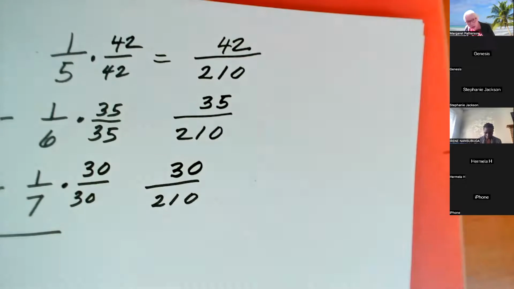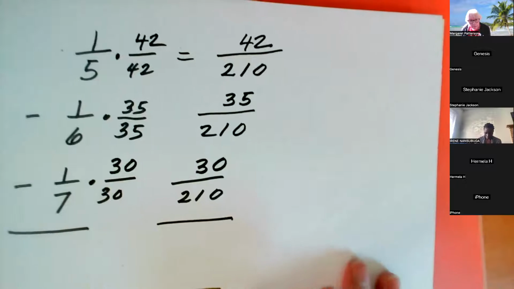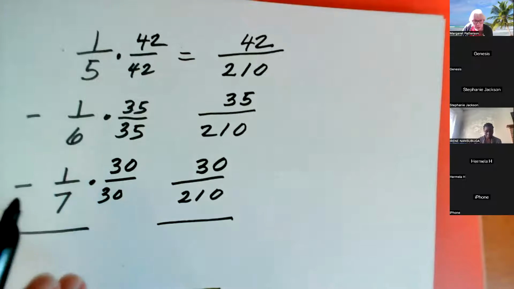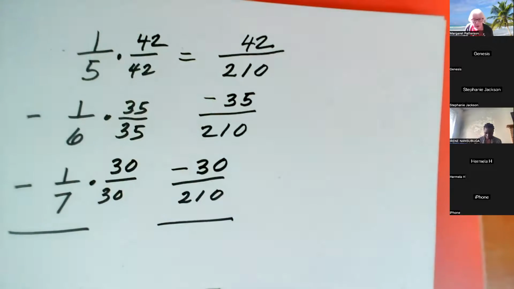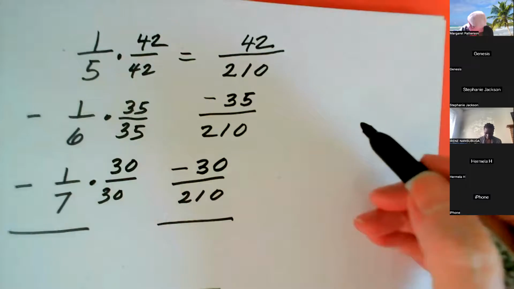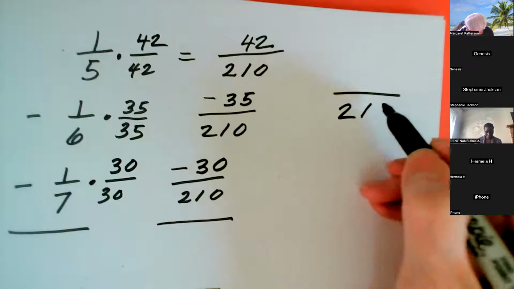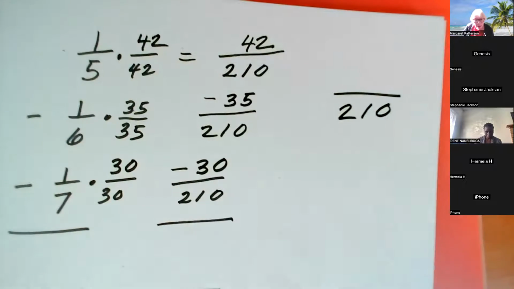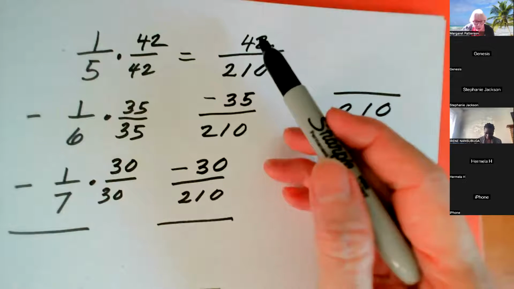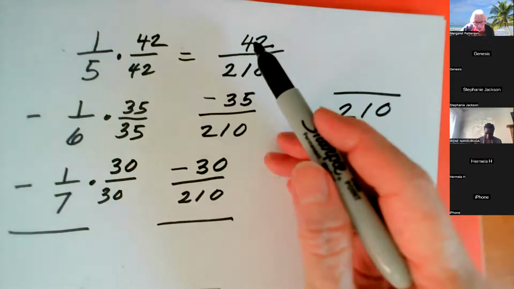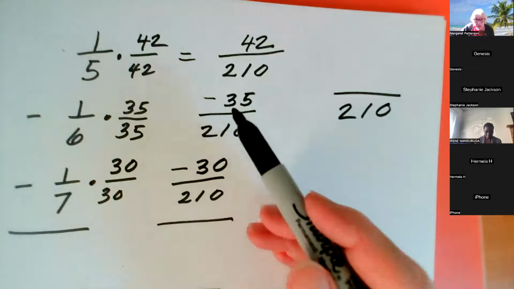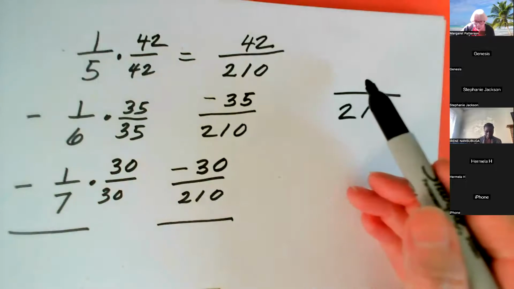So now, this was more trouble than it was worth. But what we need to do is remember that this one was negative and this one was negative. I'm going to put my negative here so I can see it. So the denominator is 210. But the real job here, and this is why I rushed through this, is we have to add this number to this number to this number and put it right there.